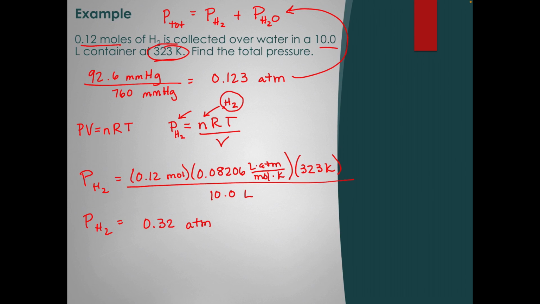And then to find our total pressure, we will add together the partial pressure of hydrogen plus the partial pressure of water, and we will get our total pressure.